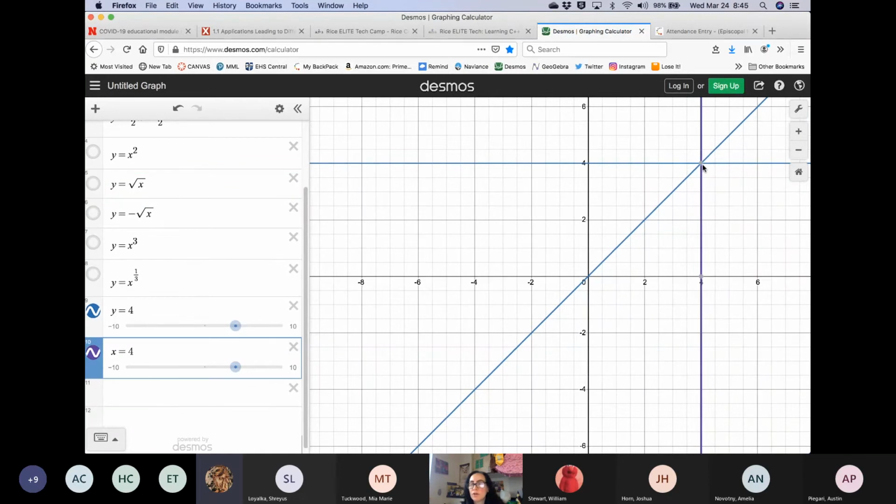The only point that is on the original and the reflection across y equals x is the point that falls on y equals x. So again, the relationship between a function and its inverse, being the reflection across y equals x, is that the domain and the range are interchanged. The domain of the original function becomes the range of the image.